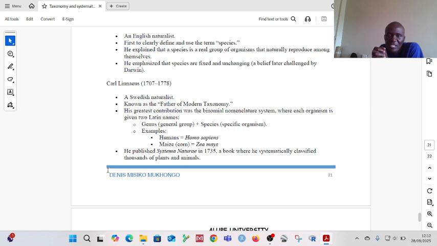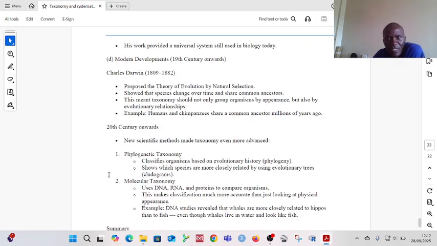The examples: humans, we are Homo sapiens. Maize or corn is Zea mays. Homo is the genus, sapiens is the species. So the work of Linnaeus is what provided the universal system that is even still used in biology today.